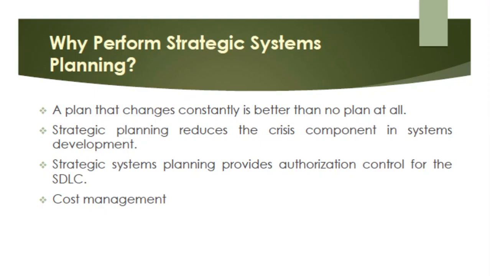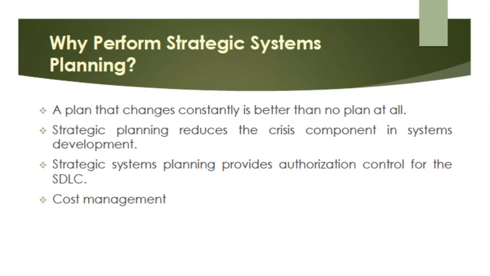Another justification is strategic planning reduces the crisis component in systems development. So a formal plan is a model for identifying and prioritizing users' needs. It allows management to consider future needs, recognize problems in their early stages, and even anticipate needs before the symptoms of underlying problems emerge.